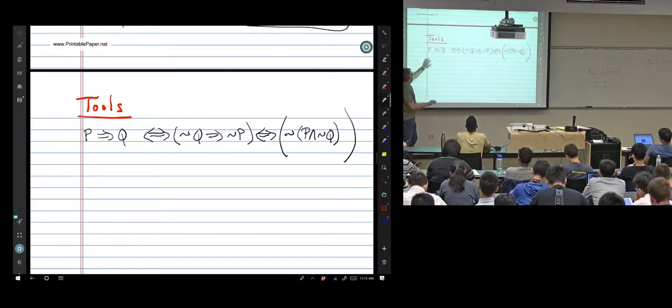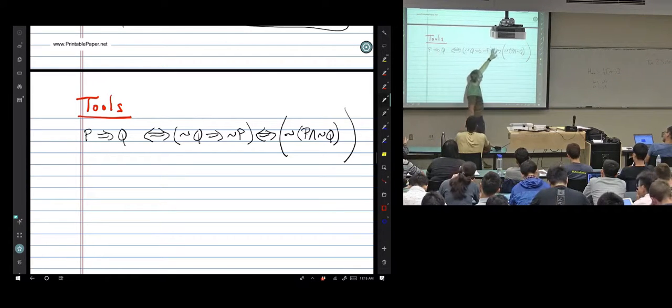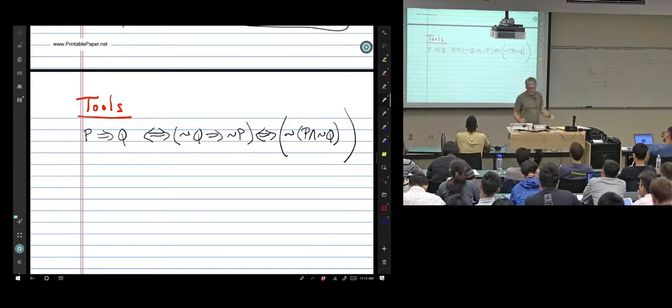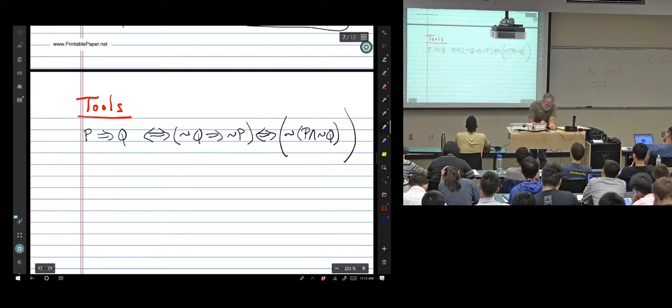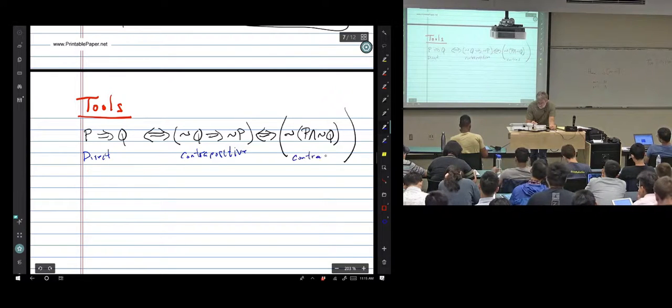So, when you want to show P implies Q, it's up to you to do the contrapositive or a proof by contradiction. Either one, any one of the three. So this is direct, contrapositive, and contradiction.